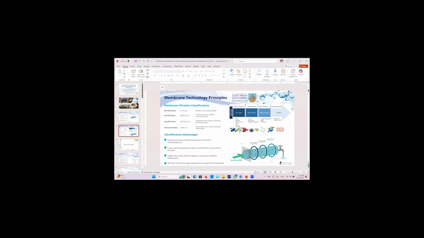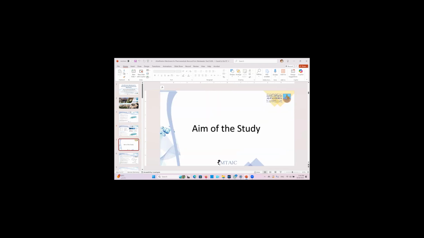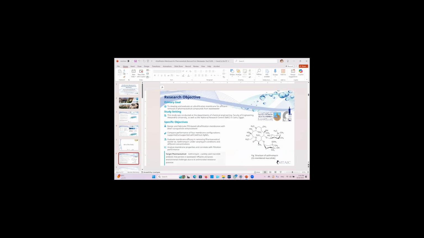The main aim of the study was to develop, design, and fabricate 4 different configurations of ultrafiltration membranes. The different configurations were supported and unsupported, with or without silver nanoparticles.